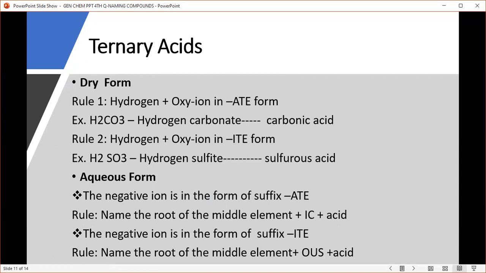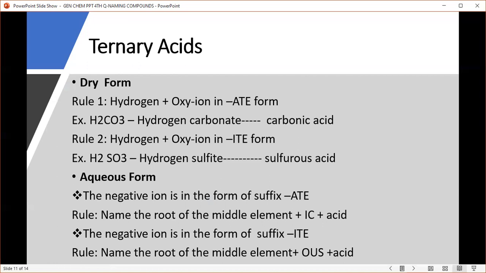Next we have rule number 2. Most of the time, our polyatomic ions end in the suffix ite. Okay, so again, just simply write the term hydrogen plus the name of the polyatomic ion in ITE form.